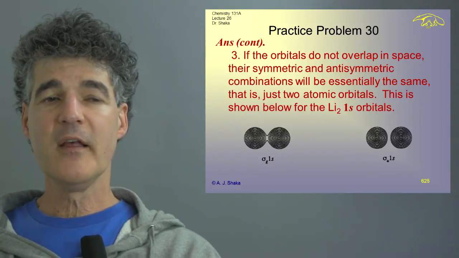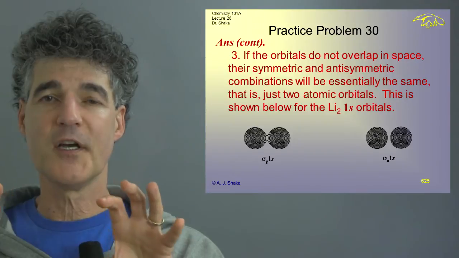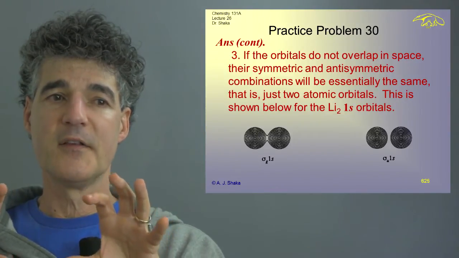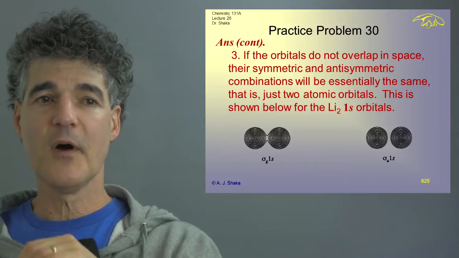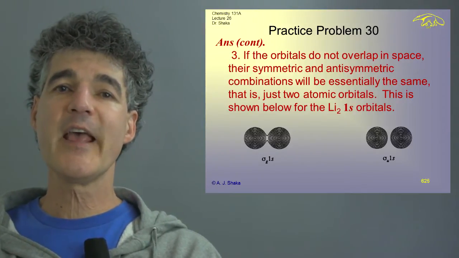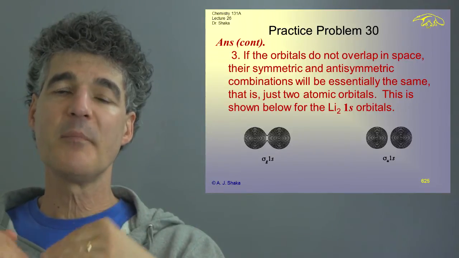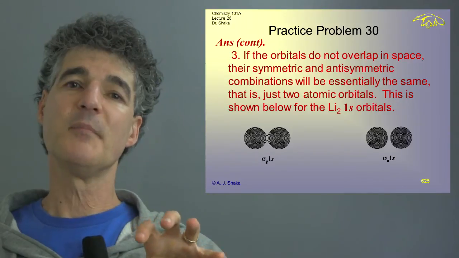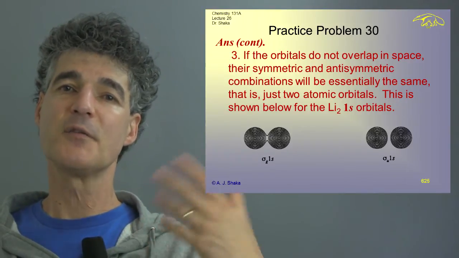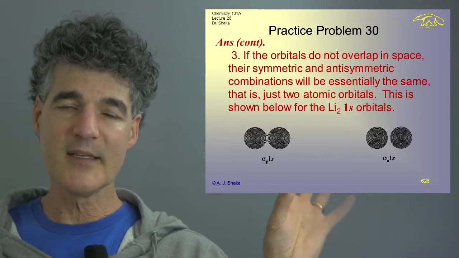And you can see that if I try to take a linear combination of ++, which I've done on the left hand, the sigma G 1s, and then +- the sigma U 1s, they're virtually the same. Because if they don't actually overlap in space, if they don't interfere, then whether I take +- or minus+ when I square it, I get the same thing because they're completely separate.